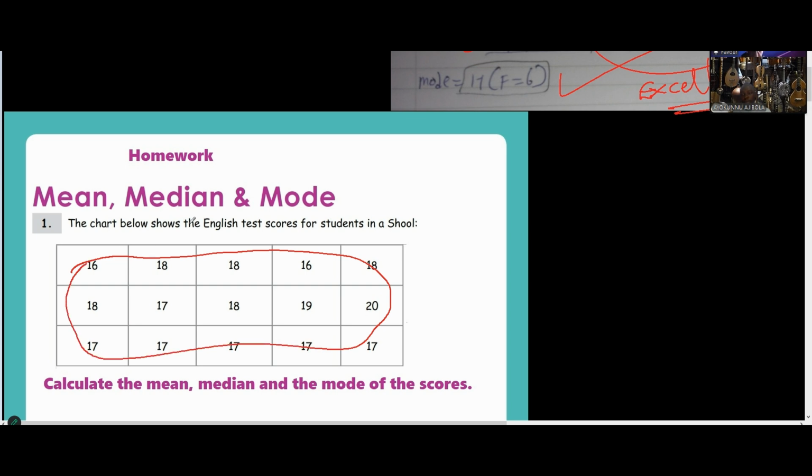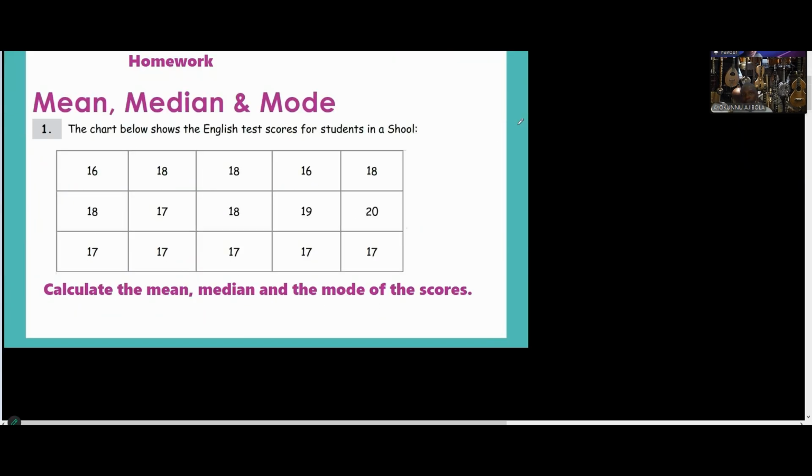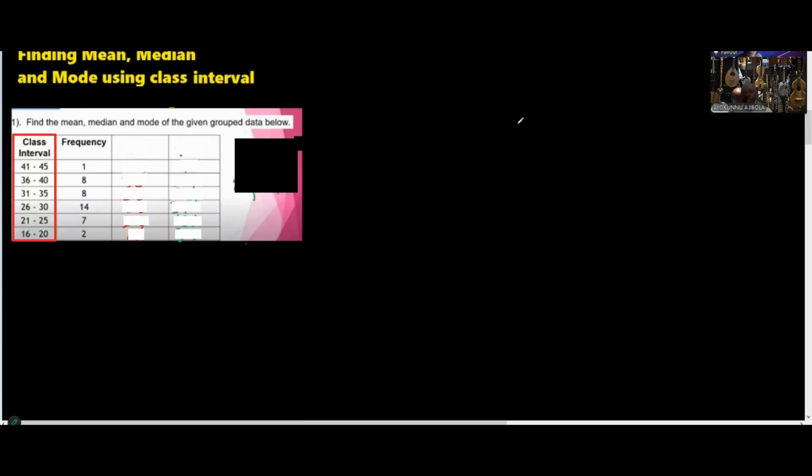They are 15, right? And adding them up happens to be something so long. So imagine you have 40 numbers. It's going to be too long, yes or no? Yes. That is the essence of using class intervals. Is that clear?